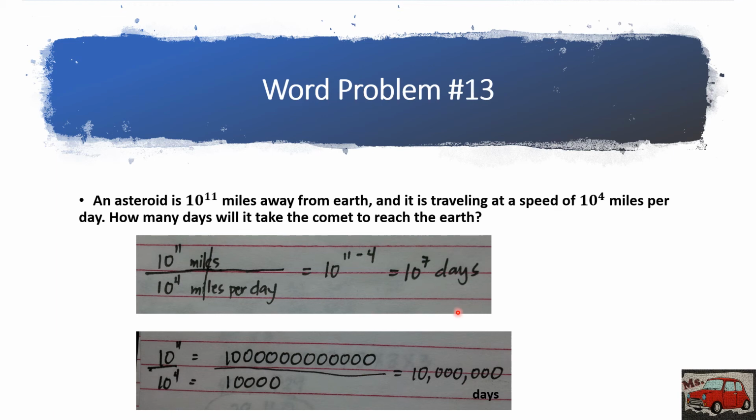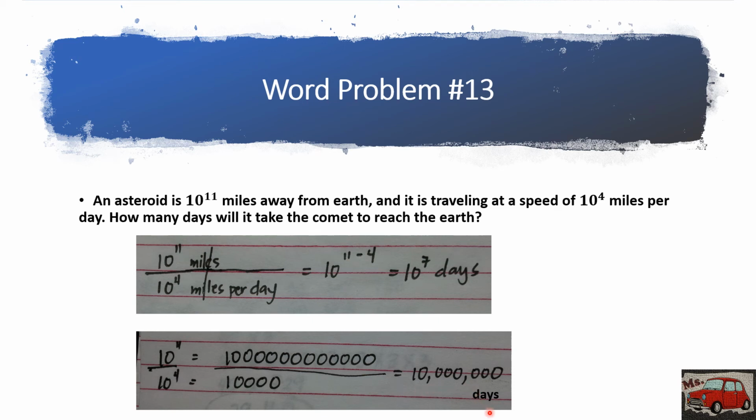Alright, so, in this case, gawin natin to. Diba yung 10 to the 11th power, ang sinasabi lang ng exponent dyan is kung ilan yung 0. Alright, so 1 tapos 11 na zeros. Okay? Divided by 10 to the 4th power. So, 4 yung exponent, so ibig sabihin 4 yung zeros. Okay? So, pag dinivide mo yung ito, tsaka yung denominator, ang sagot dyan is 10 million days.